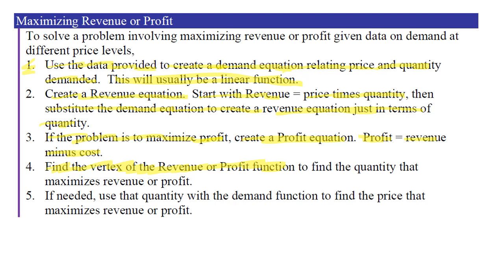Profit is just a little bit more involved than just plain revenue. So find the quantity that would then maximize either that revenue or that profit. And if needed, use that quantity with the demand function to find the price that would maximize that revenue or profit. So sometimes just knowing what the cost is one thing, but then you want to go in and say, well, what would that profit or revenue be?